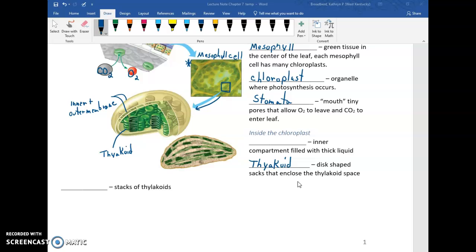Now, if you have a stack of thylakoids, we call that a granum. And so the granum would be the entire stack here. Okay, inside there, the innermost compartment has a thick fluid that we call the stroma.